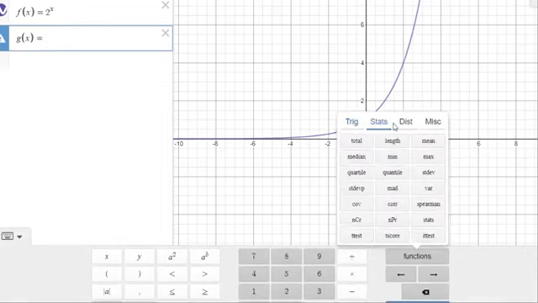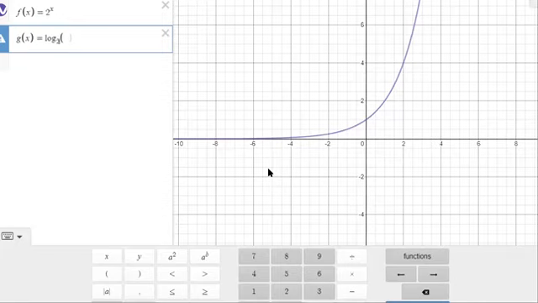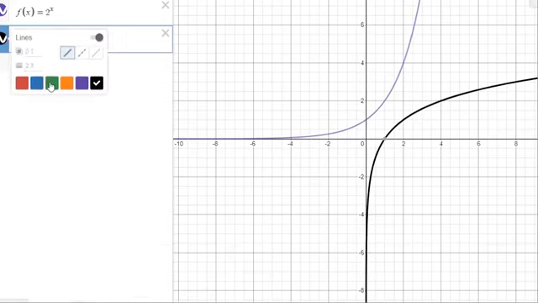Let me see if I can find the log function. I hope this works. Yep. The base is going to be 2. On the inside of the parentheses, you're going to have the variable x. Okay. So this is what it looks like. I'm going to change this to green because why not?